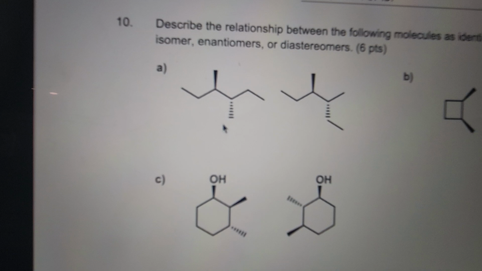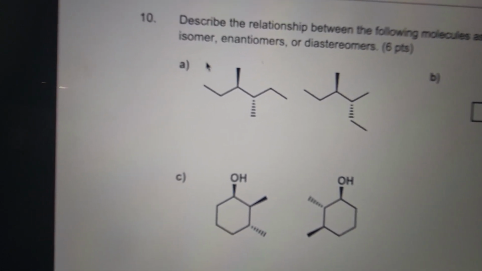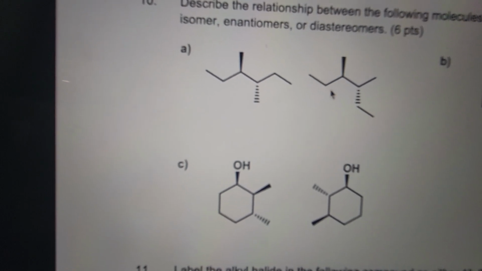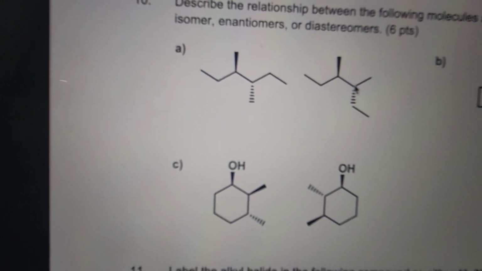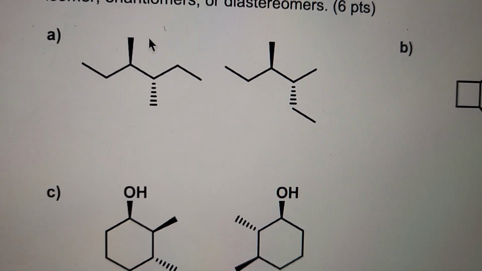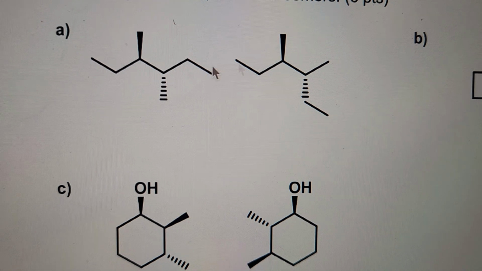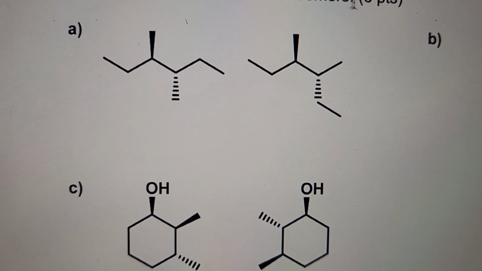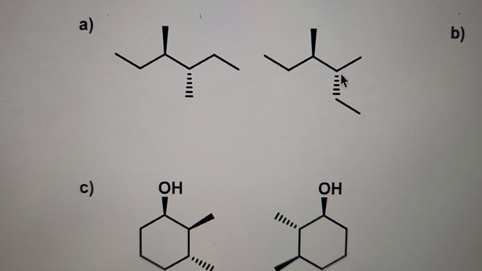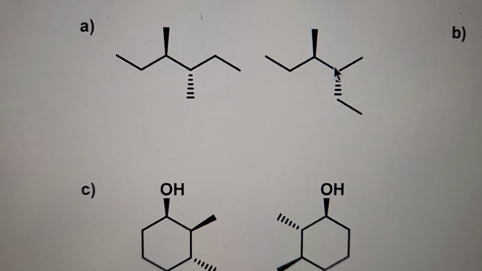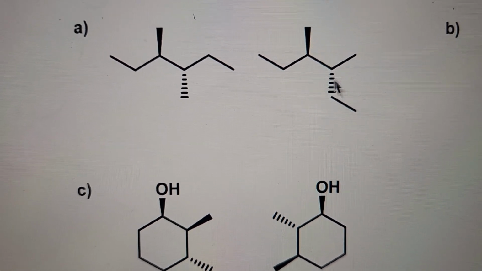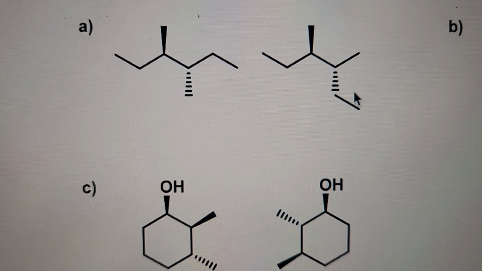So while this looks like it could be a constitutional isomer, actually the parent chain, the longest chain, now has 1, 2, 3, 4, 5, 6 carbons. Making this a diastereomer. It's a diastereomer because it's not mirrored, but it's still the same compound, basically.